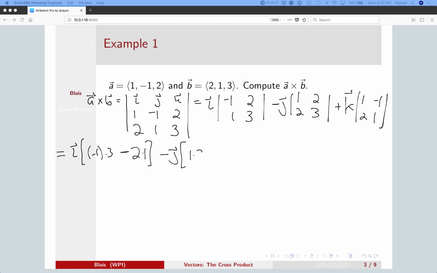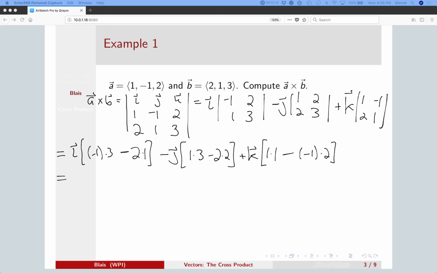So 1 times 3 minus 2 times 2, plus K, top left times bottom right, 1 times 1, minus top right times bottom left, which is minus 1 times 2.